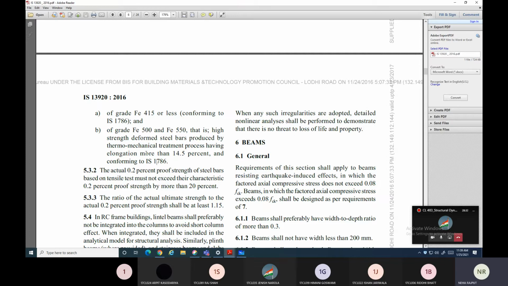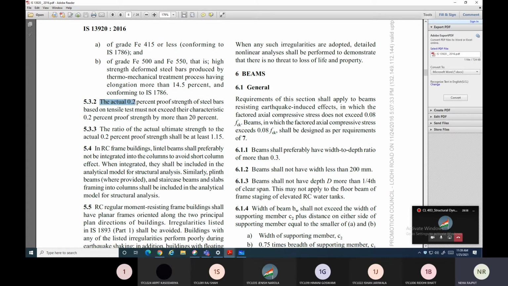So from that code you need to see, if you are using Fe415, Fe500 and 550, then the elongation, meaning deflection of the steel due to the applied load, should be more than 14.5%. Then you can use that steel from the earthquake point of view.